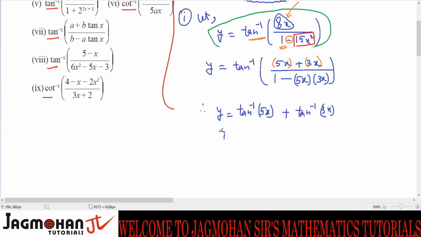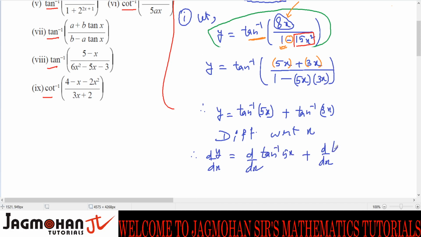And then I can write here, differentiating with respect to x. So you will have, therefore, d by dx of y equals d by dx of tan inverse 5x plus d by dx of tan inverse 3x.